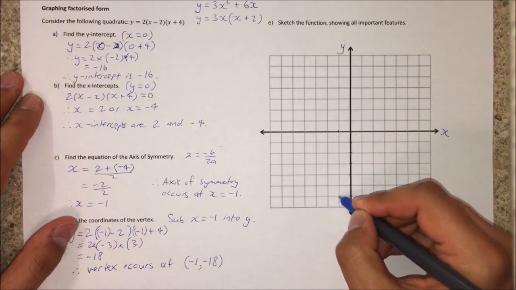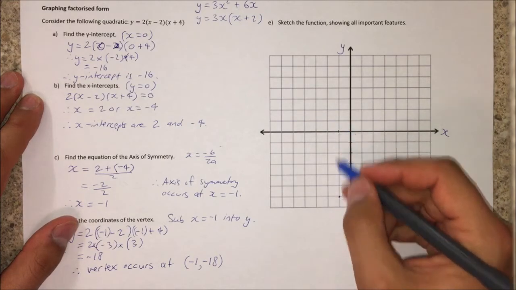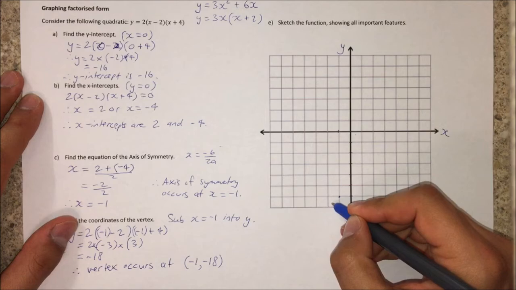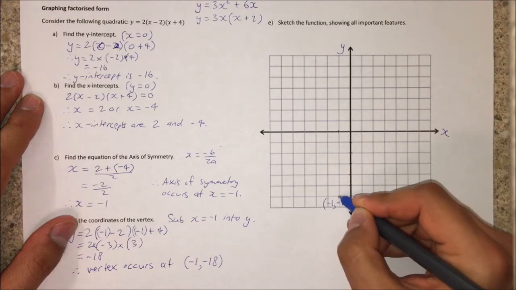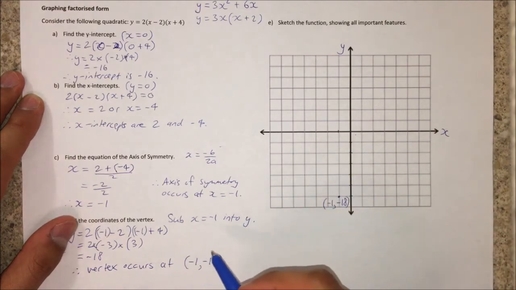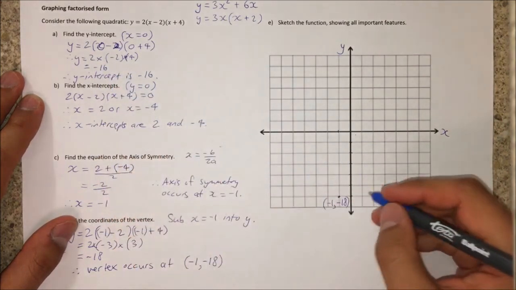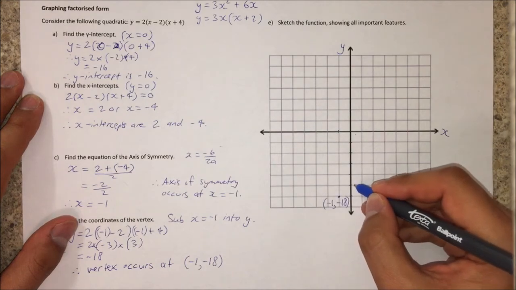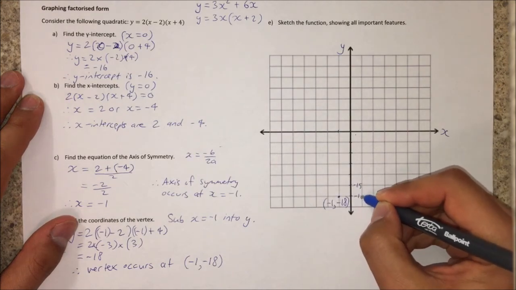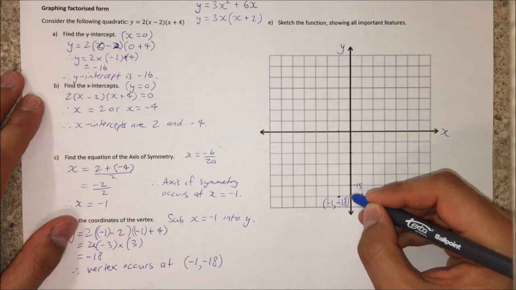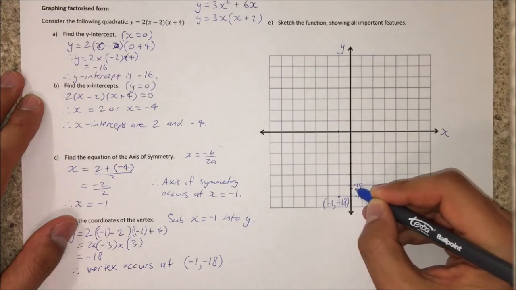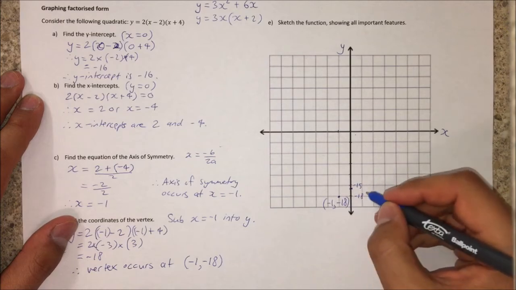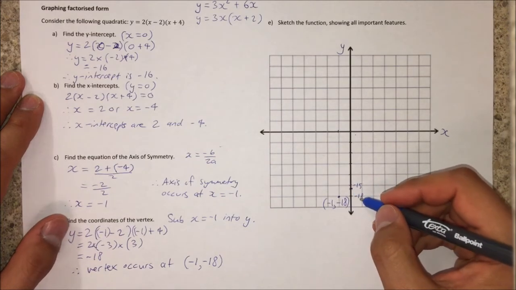So this point here will be negative 1, negative 18. So we can mark our vertex, negative 1, negative 18, and we know our y-intercept is going to occur at negative 16. So if this is negative 15, this is negative 18, so negative 16 will be a third of the way down. So our y-intercept will be about here.